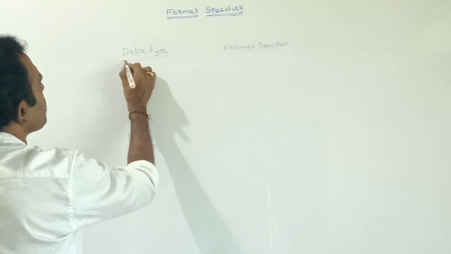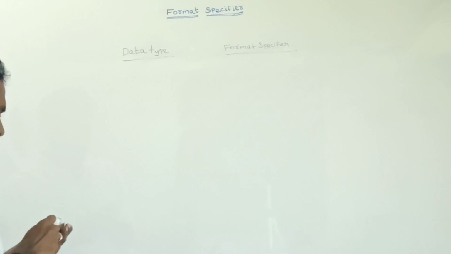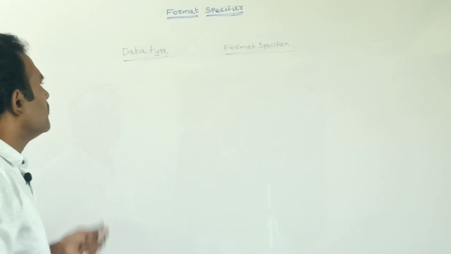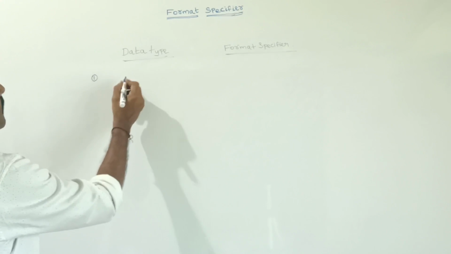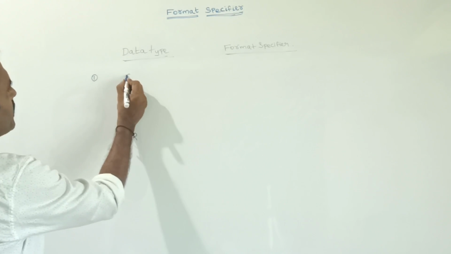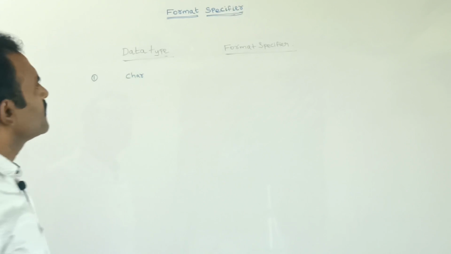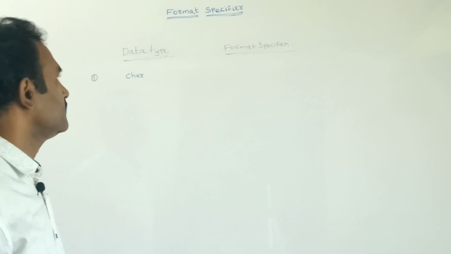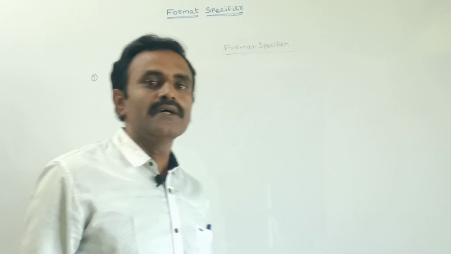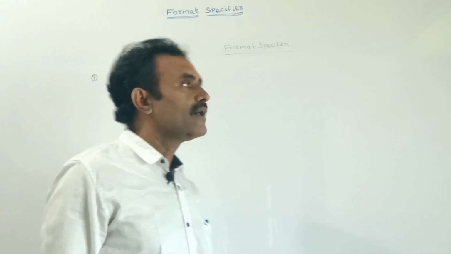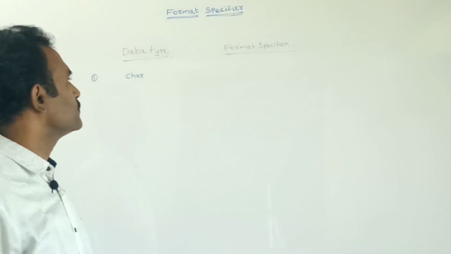Here, data type and format specifier. See, first let us see the data type character, CHAR. The keyword for character is CHAR. For declaring a variable, if we need to store some character in a variable, at that time in the declaration part we should use the keyword CHAR. It is used for character.